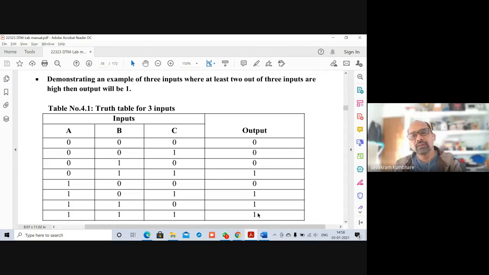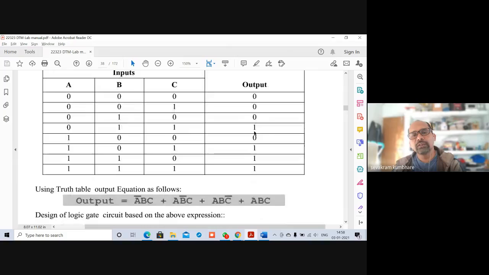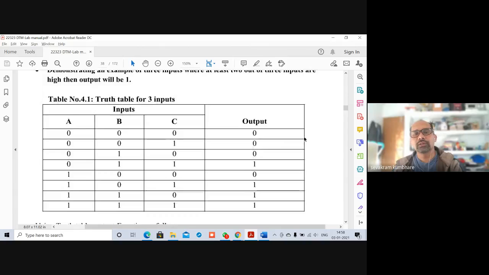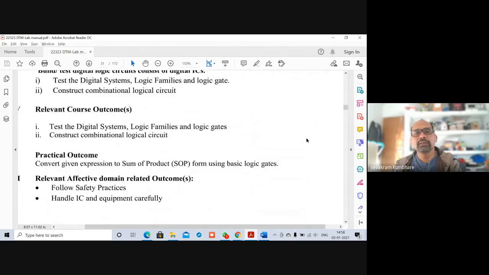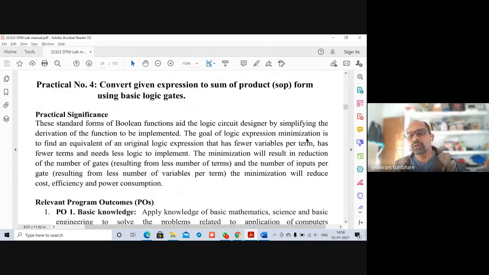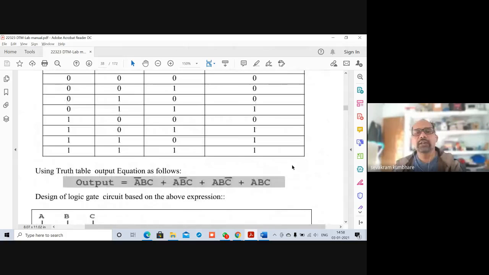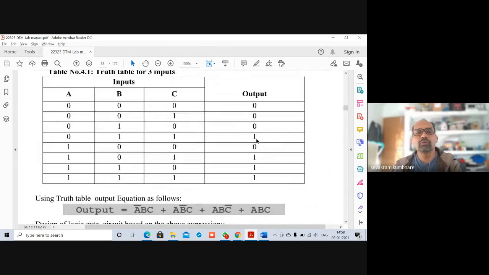Now what we have to do, we have to take those terms which are having output equal to 1, because we want to implement it using sum of product. What we want to implement? Sum of product. So we are taking those terms which are having output 1. We will leave the others, but we will take these.